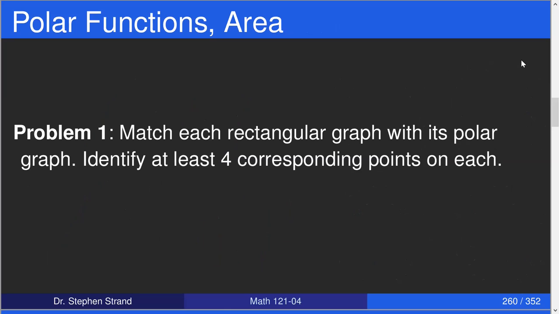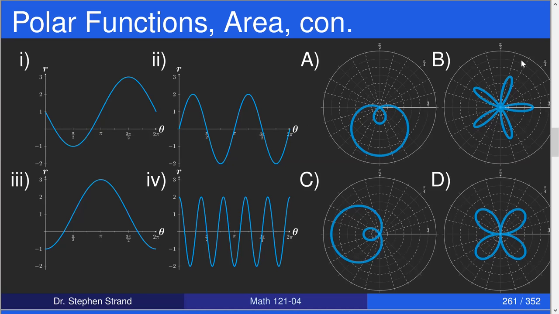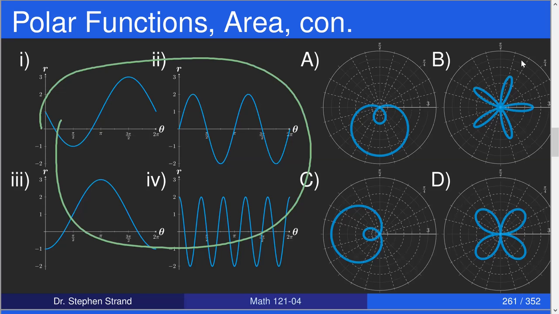One of the things I want to make sure we do is plot a couple of reference points, so that we can understand what points in Cartesian coordinates correspond to on a polar graph. So go ahead and pause the video and try to figure out which of these rectangular functions matches which of these polar functions.